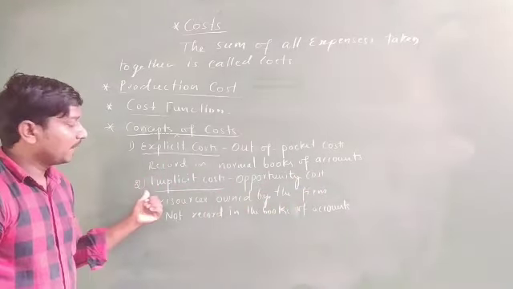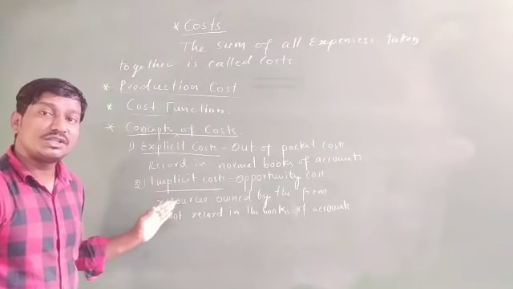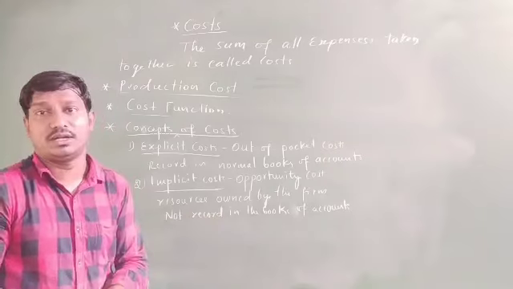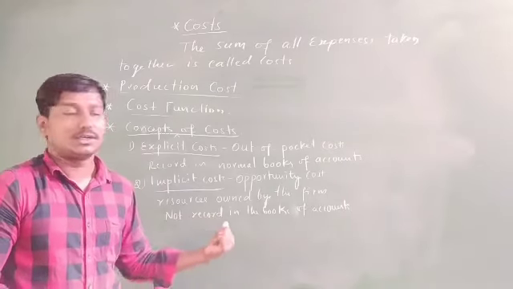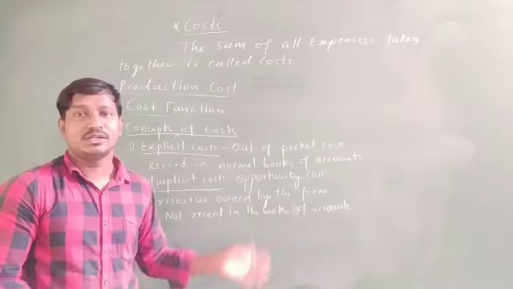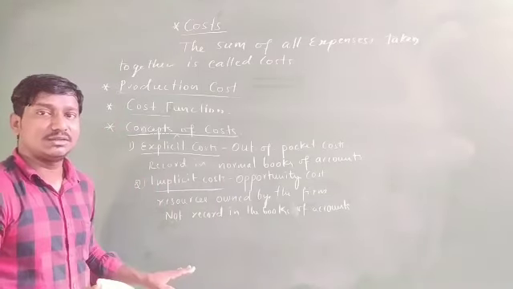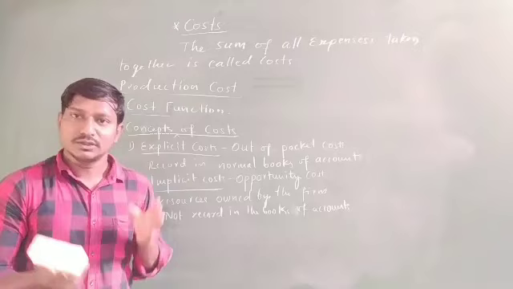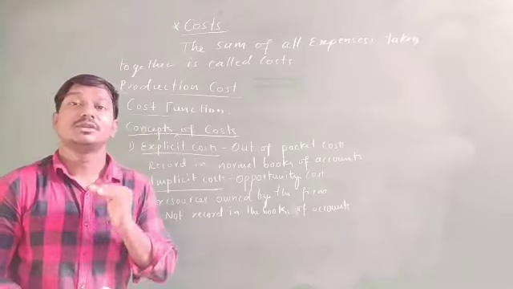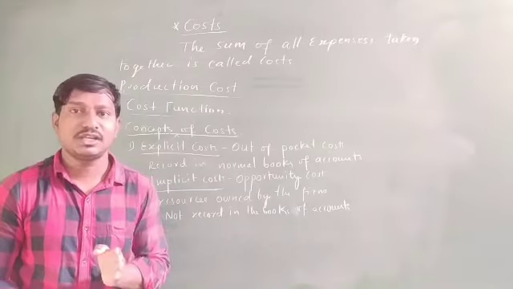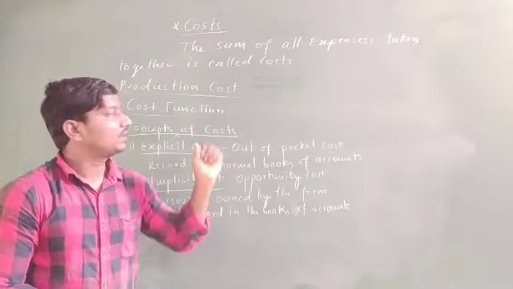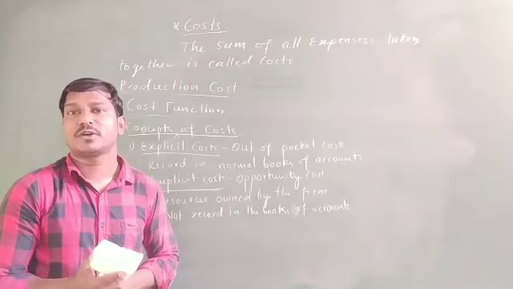In the same way, implicit costs are those costs which are the expenses incurred on self-owned or firm-owned resources, and that is why we do not record these in the books of accounts. Well, this is what we expected to discuss in the class. We have done it. The remaining things, that is the classifications, a very broad concept, the different types of costs, we are going to see.